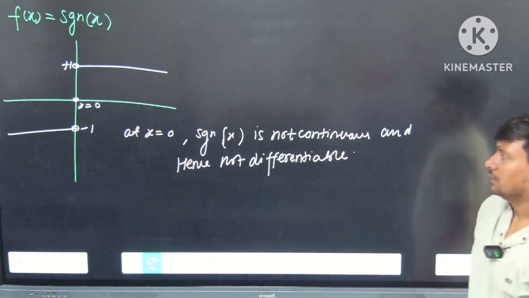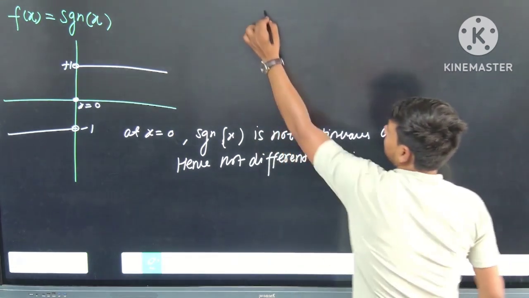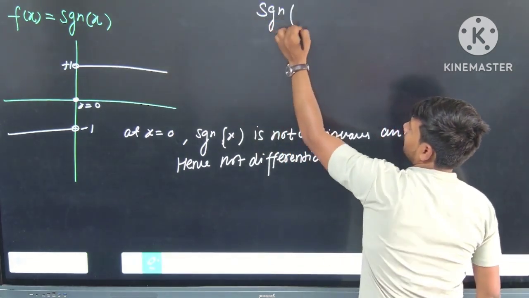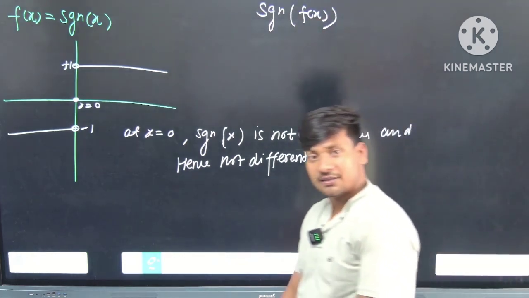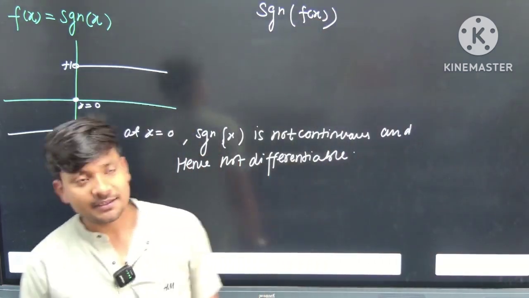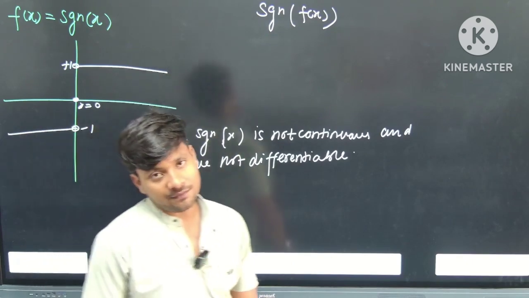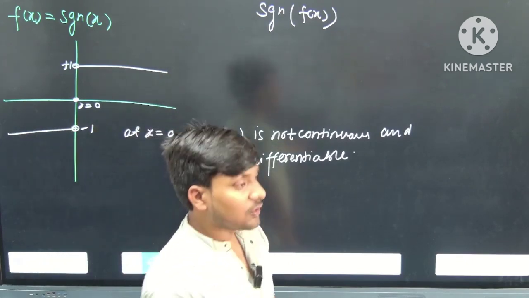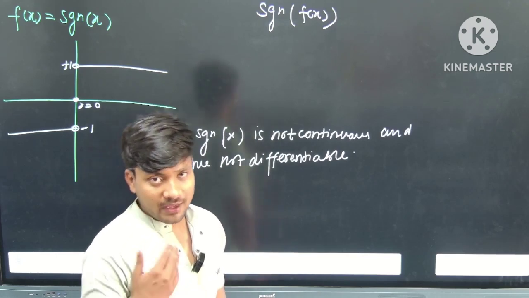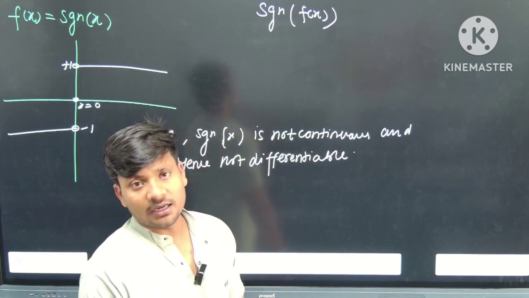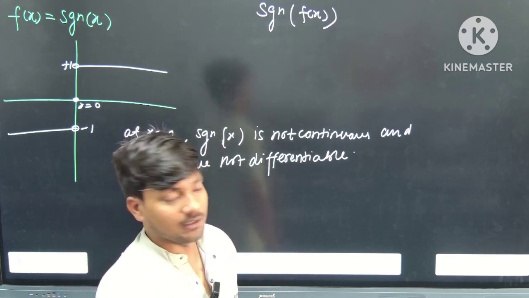So if we have a function like signum of f(x), and we want to check the continuity and differentiability of this function, then it is very simple. You have to just equate the function f(x) to 0 and solve that. You will find the value of x, and for that value of x, the function will not be continuous as well as not differentiable.